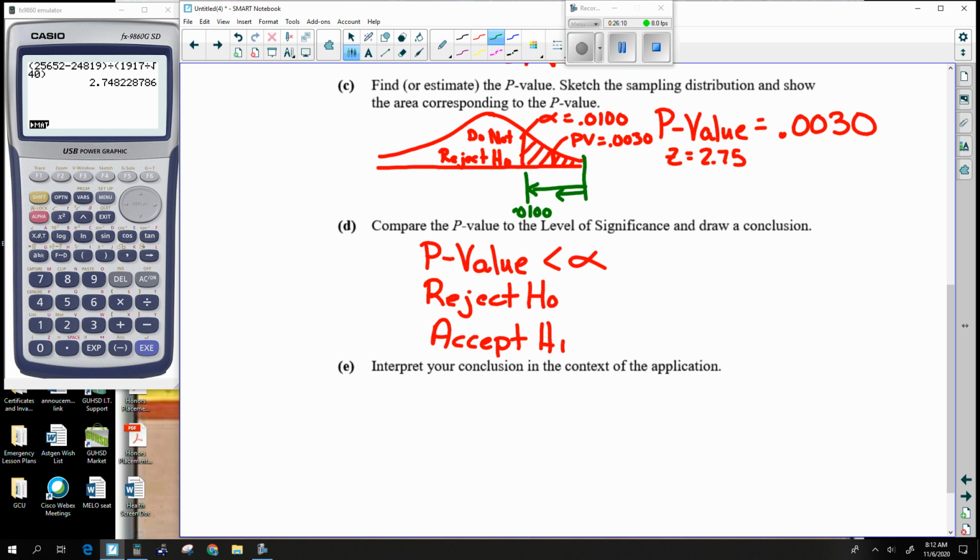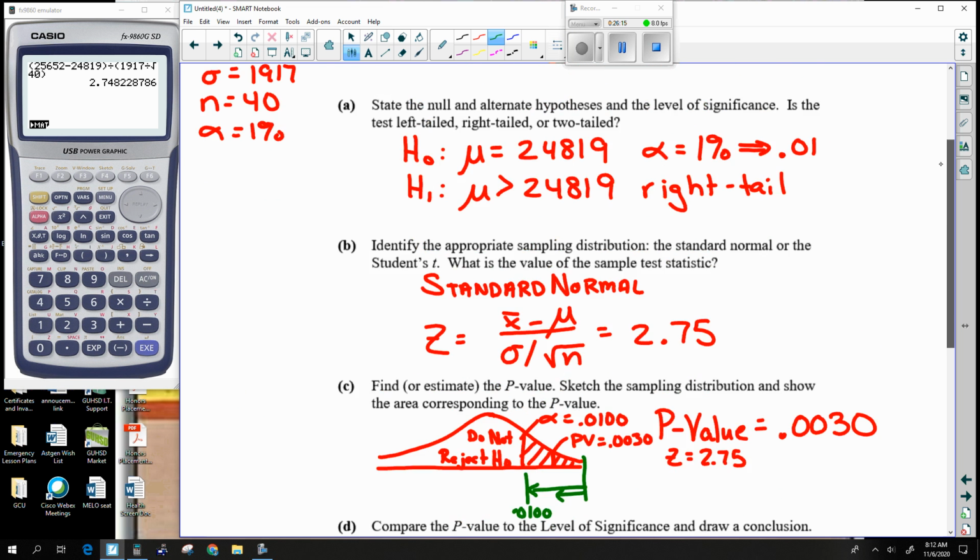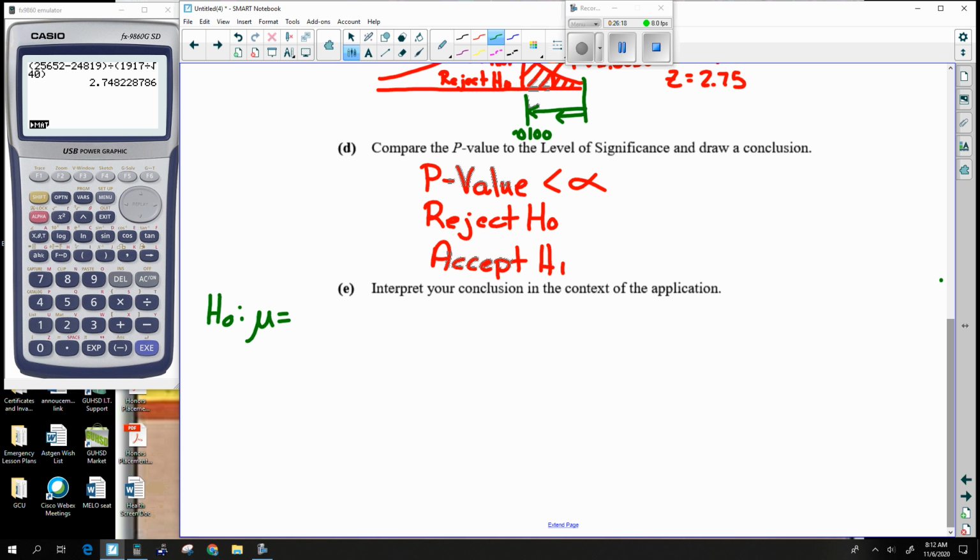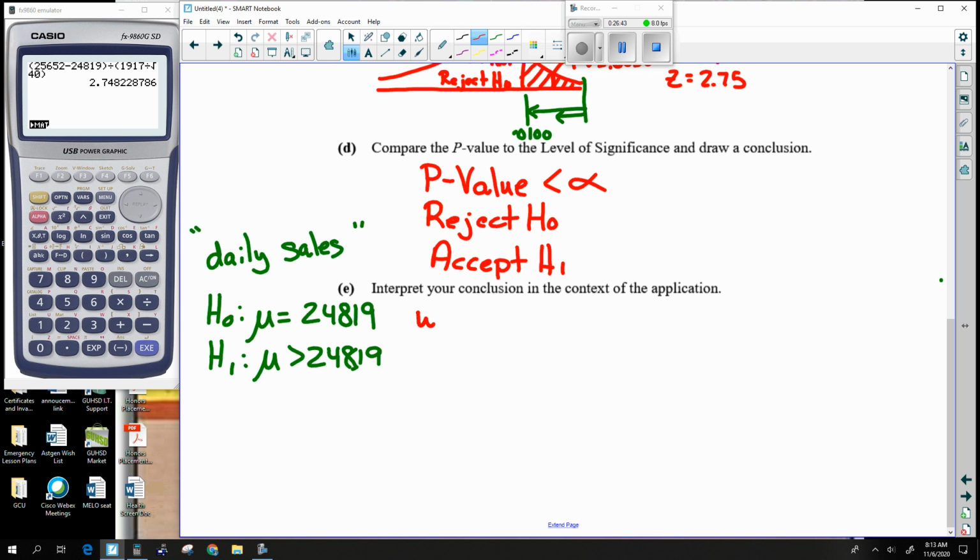Just as a reminder, H naught said that the average is equal to 24,819, and the alternate said that the average is greater than 24,819. These are daily sales. That's the context. Now interpret this conclusion. We reject H naught, which says the average is equal to 24,819.